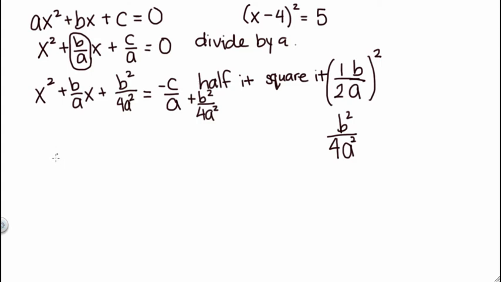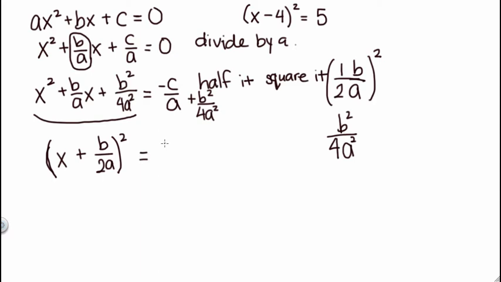So now I have this, right? It's a perfect square, so I can factor. So I have x plus b over 2a squared. And you can check that by foiling or multiplying it out vertically, or you can use the box method or whatnot.